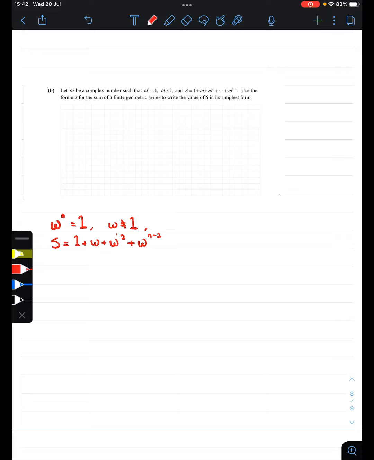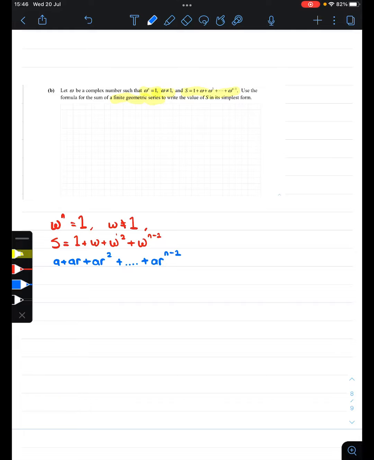Okay, so it then mentions a finite geometric series. So straight away, what's our formula for a finite geometric series? Our formula for a series of the form a plus ar plus ar squared plus ... plus ar to the n minus 1.